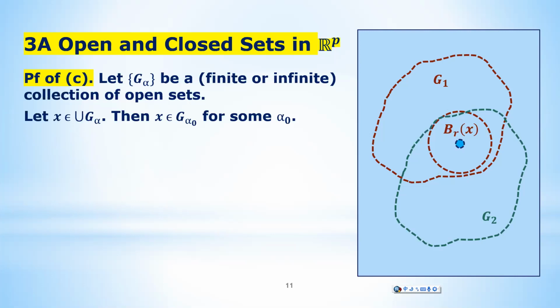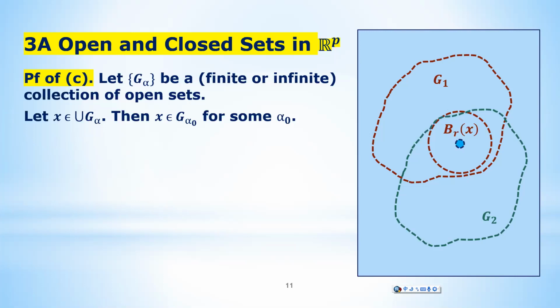So here we're trying to talk about the union of all these open sets. What I'm trying to do is take an x in the union. Then I want to show that there is a ball of x also contained in the union, to conclude that the union is an open set. So I pick a point like this, and you can see this point must be contained in one of the G sets. Maybe it belongs to G alpha naught for some alpha naught.